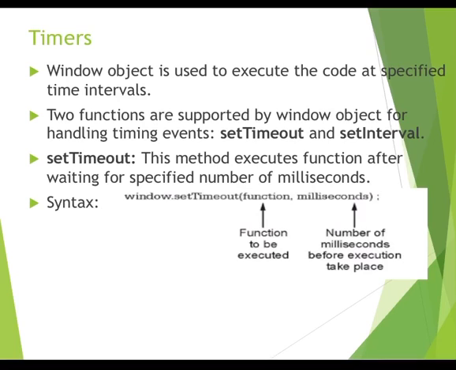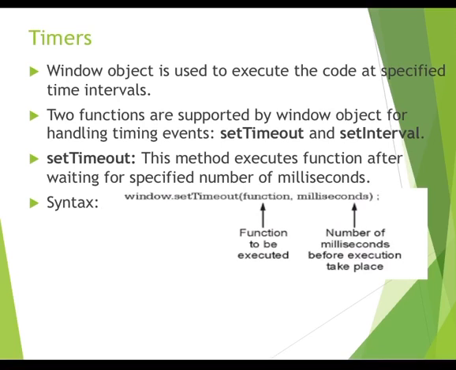Let's see the syntax: window.setTimeout(function, milliseconds). The function is to be executed, and milliseconds is the time we specify. For example, we specify the time as 1000 milliseconds. So after waiting for 1000 milliseconds, only then is that function going to execute.